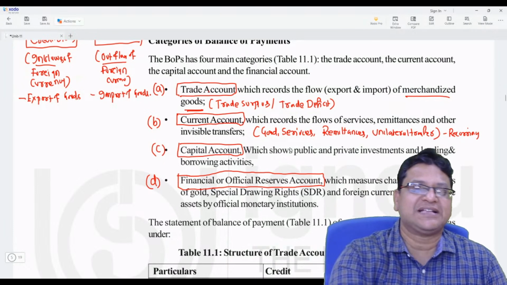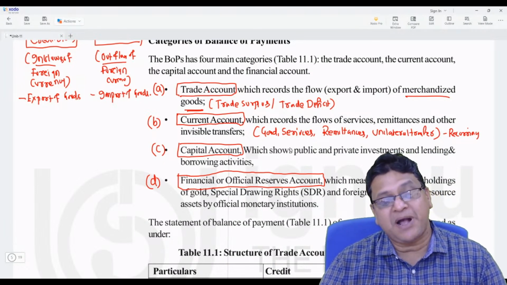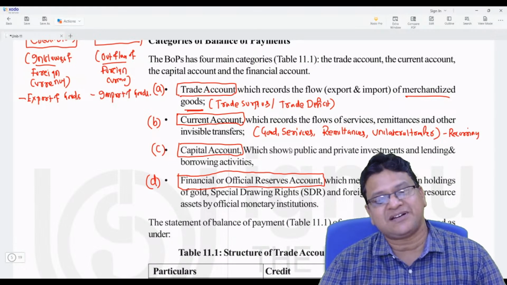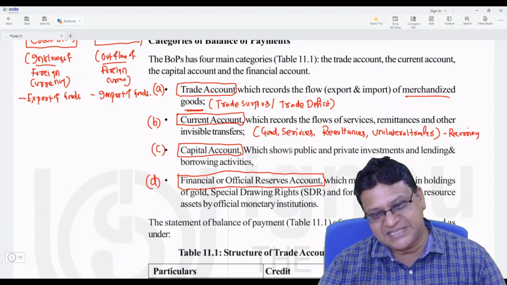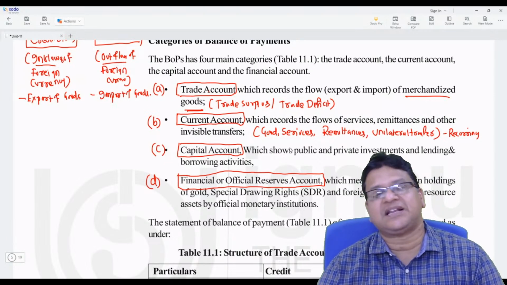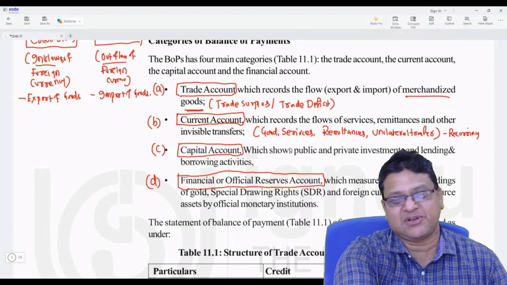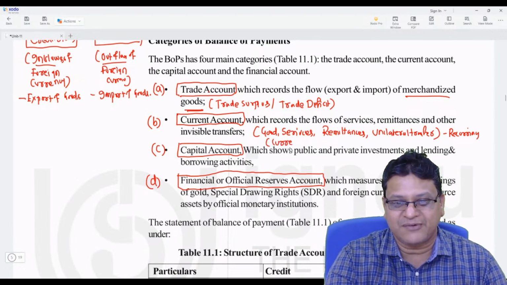So trade account is a part of current account. Current account records international trade of goods, services, remittances, unilateral transfers. This is recorded under current account. In current account, we can have current account surplus or current account deficit.